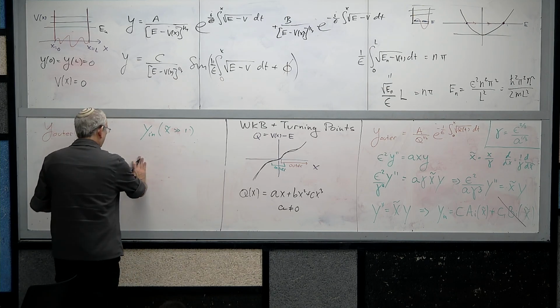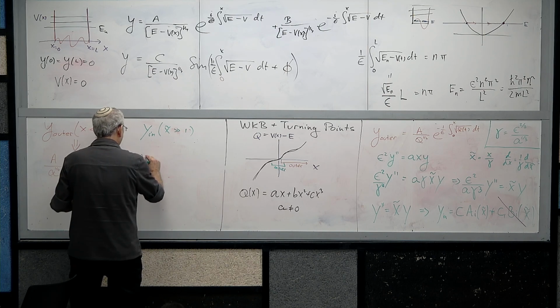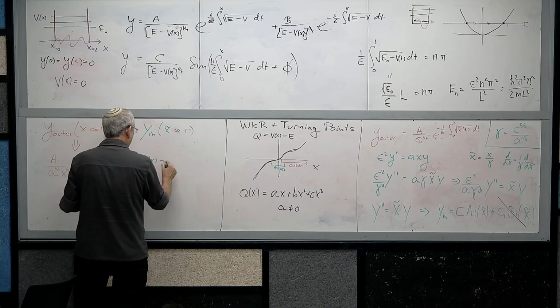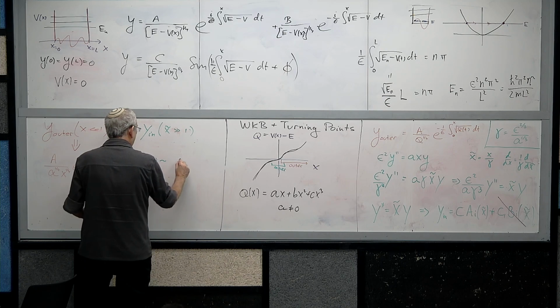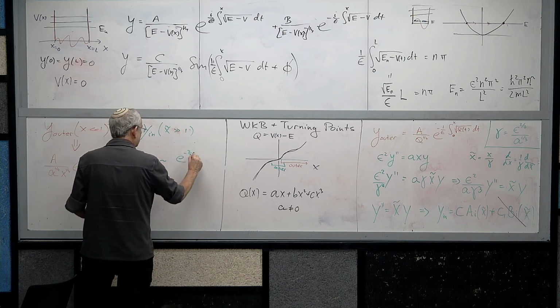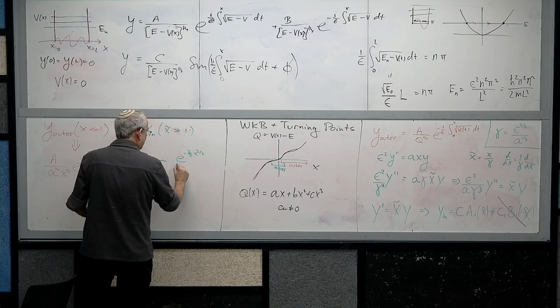Okay, let me remind you. The asymptotic of Airy of x at large x is e to the minus 2/3 x to the 3/2 divided by x to the 1 quarter, and I will put here square root of 2 pi.